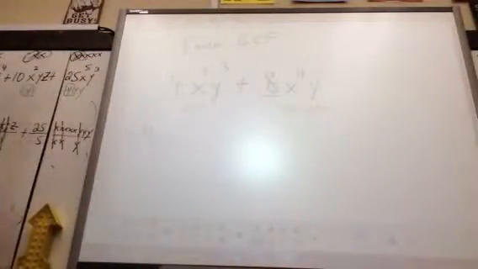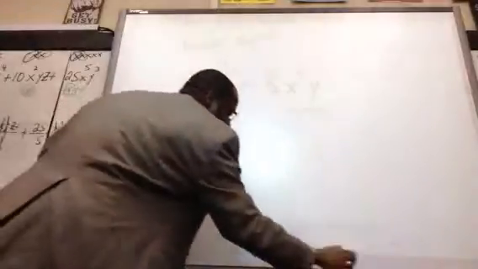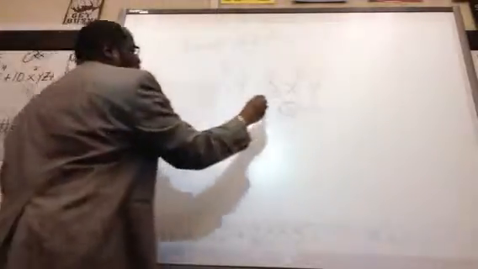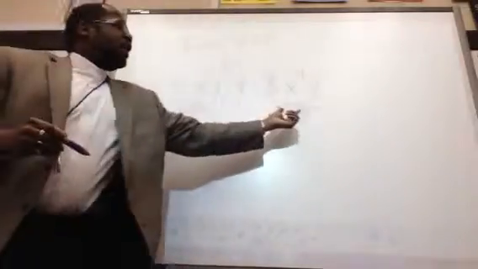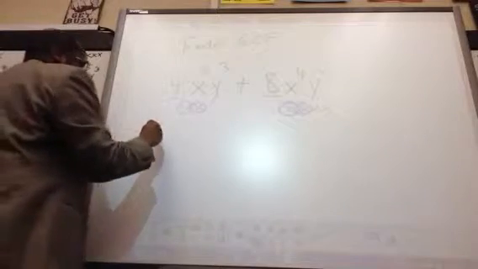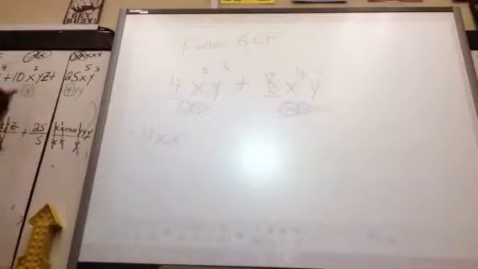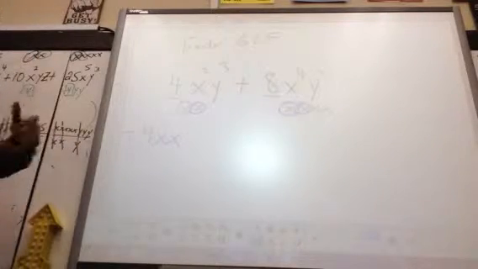Let's see how many they have in common. They both have at least 1x. They both have at least 2x. Notice, they only have in common 2 factors of x. So therefore, I'm going to write it as x times x, which is the same as x squared.